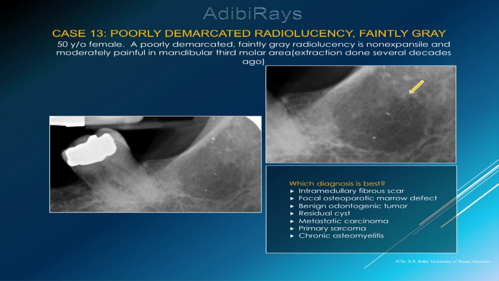This is a 50-year-old female with a poorly demarcated, faintly gray radiolucency, non-expansile, moderately painful, in the mandibular third molar region, with extractions done several years ago. Which is the best diagnosis?